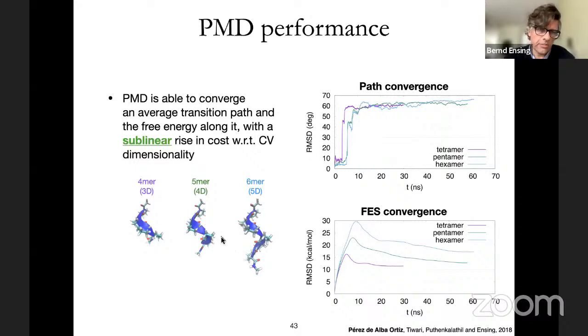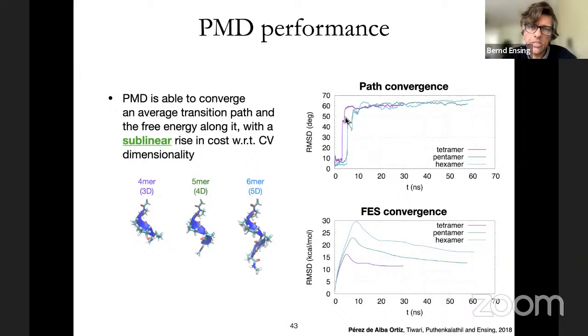Oh, this is just a quick intermediate slide to show you how the scaling goes if we go to more collective variables. So this is the tetramer with 3 collective variables, which I just showed, and this, if we make the peptide a little bit longer, we have 4 collective variables. This is 5 collective variables, and what we see is actually the scaling. So this is now the convergence of the path measured in the RMSD with respect to the initial path, and it is pretty quick, right?